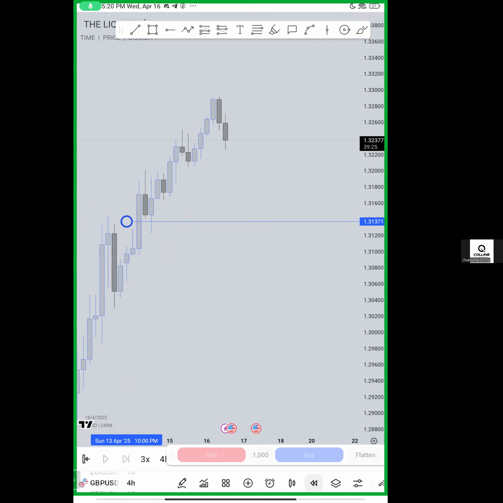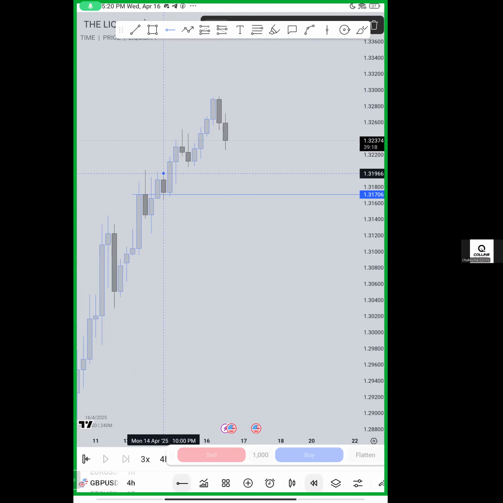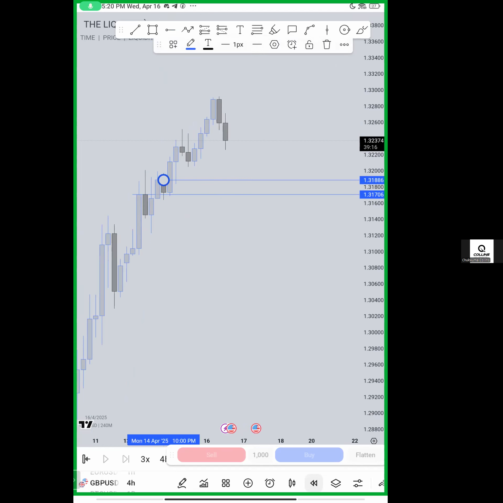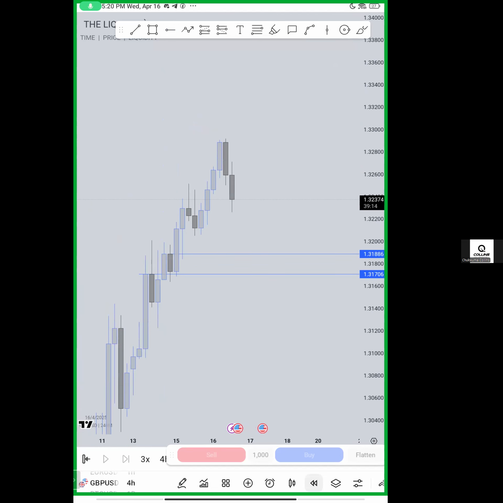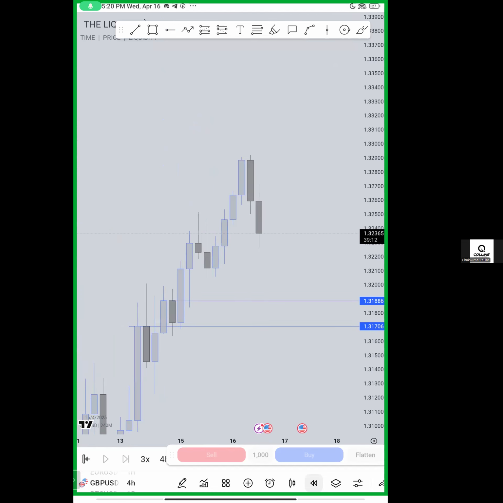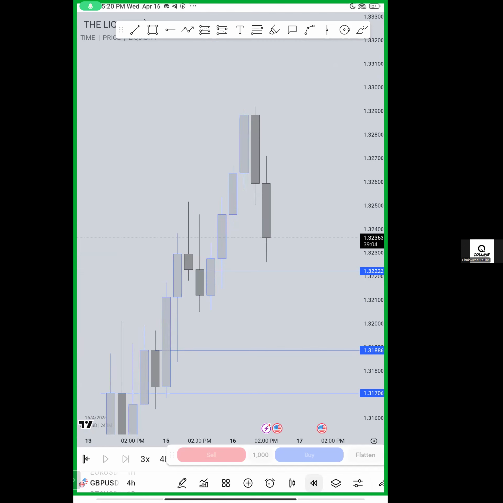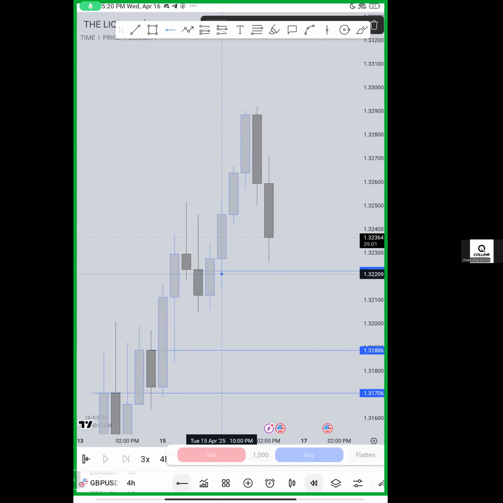See, price reacted from this order block here. You can also see price reacting from this other block right here. So now, what's the next POI here? The next POI is this open close level. So currently price is reacting on this level.